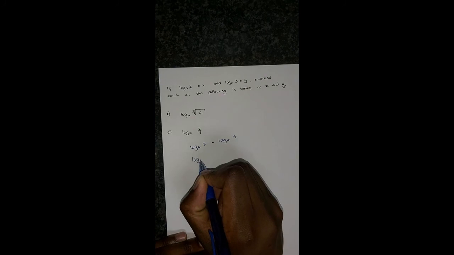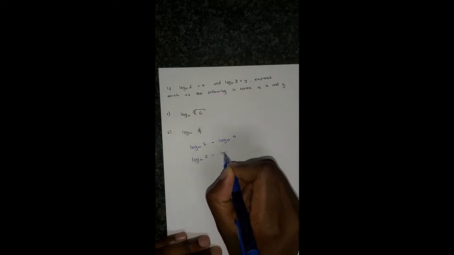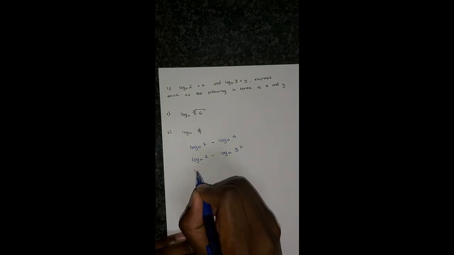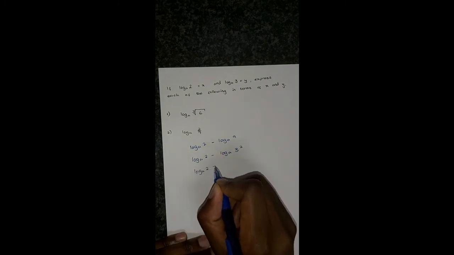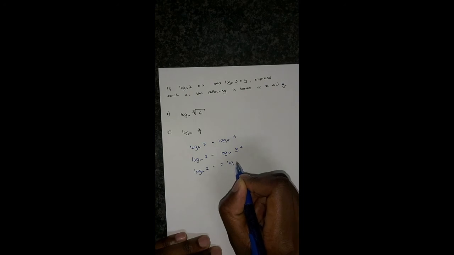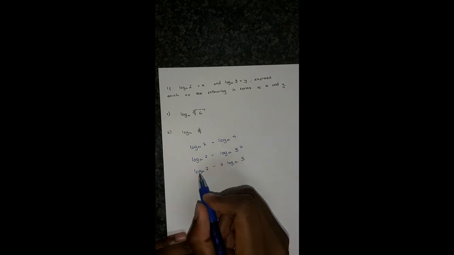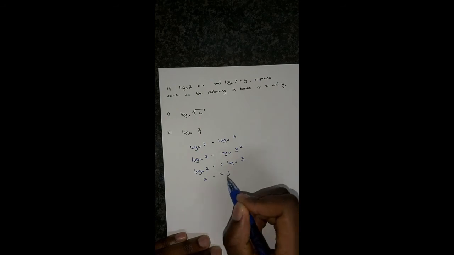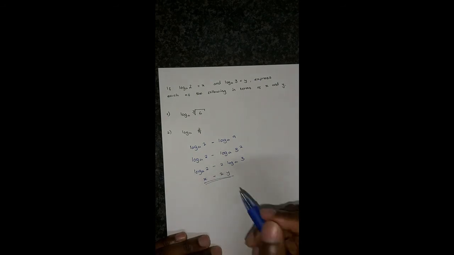So it's log a 2 minus log a 3 squared, and then this 2 can be dropped down. So log a 2 minus 2 log a 3, and this is x minus 2y. This is the final solution.